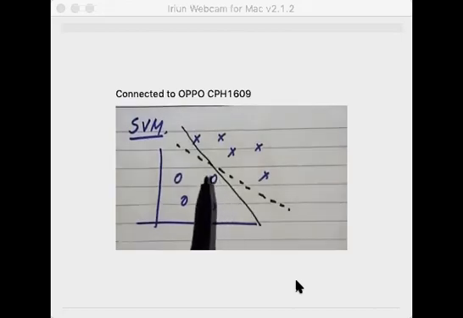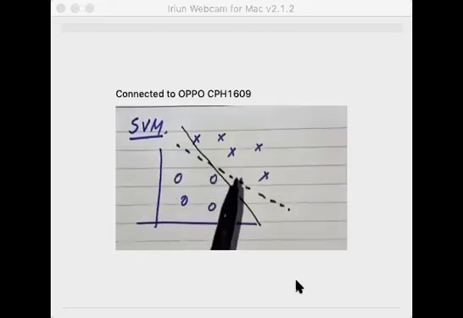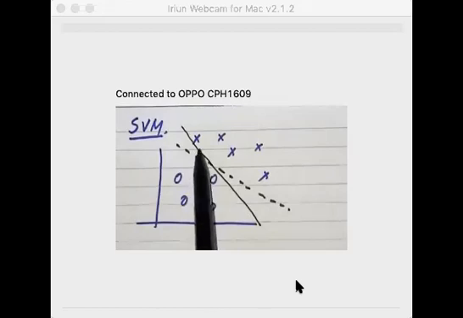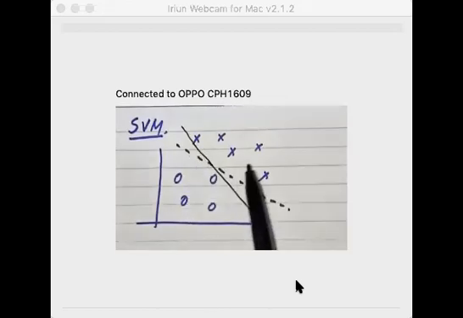The reason for that is that the margin of error is relatively low. Why is the margin of error low? Because both the classes are well separated or well away from this line. From here, the closest point of the cross class is this one, at this distance.